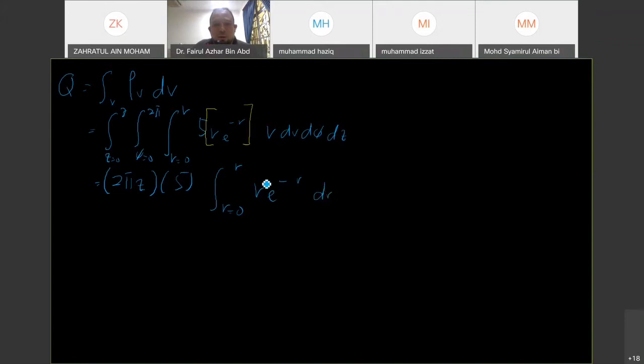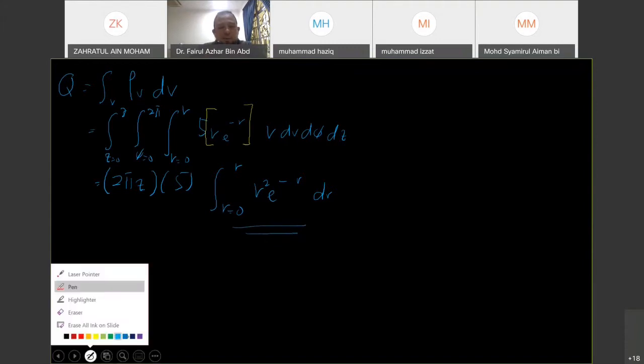So this one will be r squared, because we have the term r here and we have the term r in the equation here. So we have r squared. In order to solve this, you need to perform integration by parts.